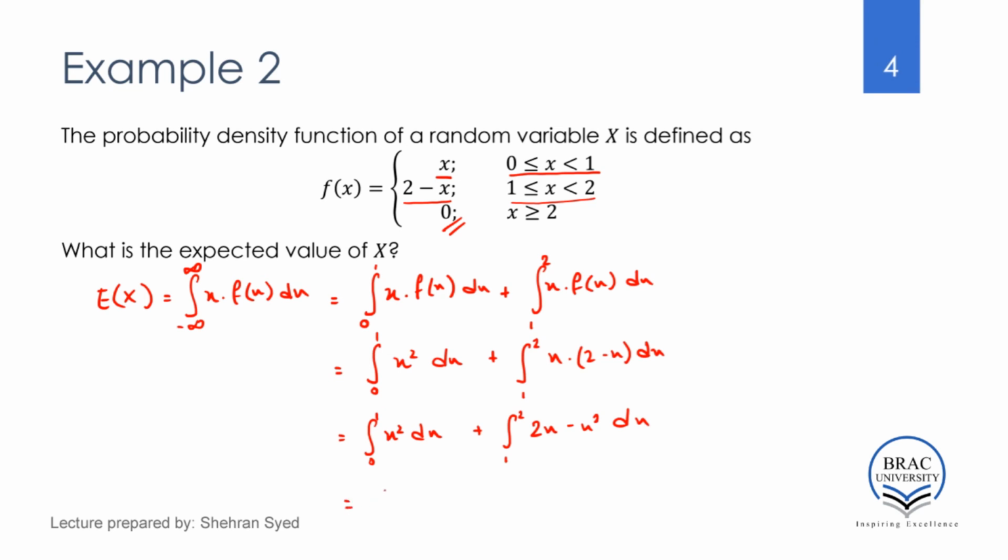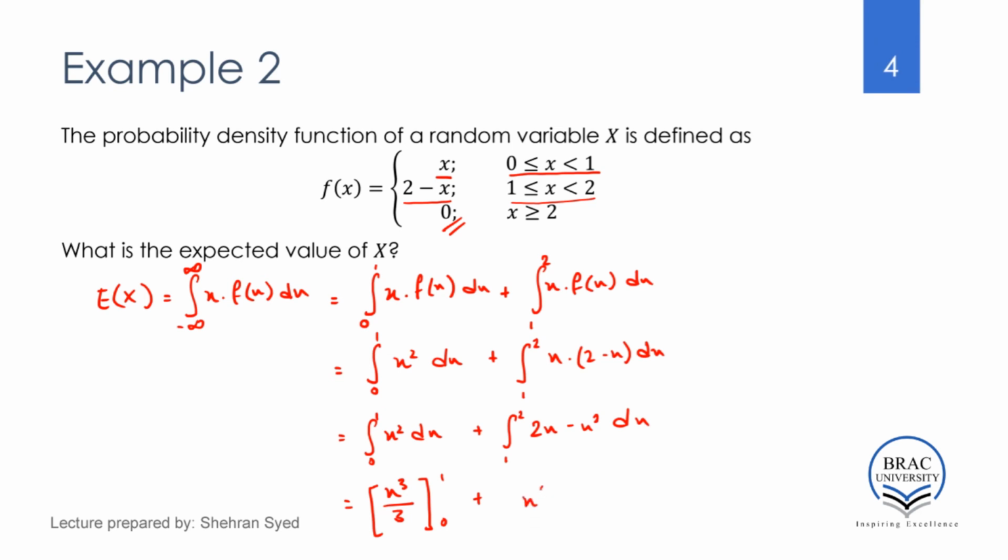So we have x cubed by 3 over limits 0 to 1 plus 2x squared by 2, which can be written as just x squared.